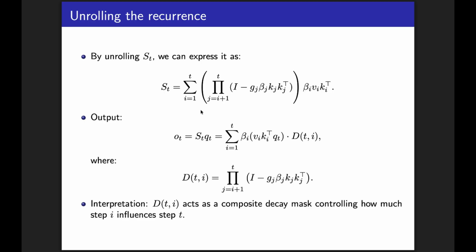For every time step t, for every time step i, I'm gonna say what is the importance I should give, what is the relationship that time step i has with j?